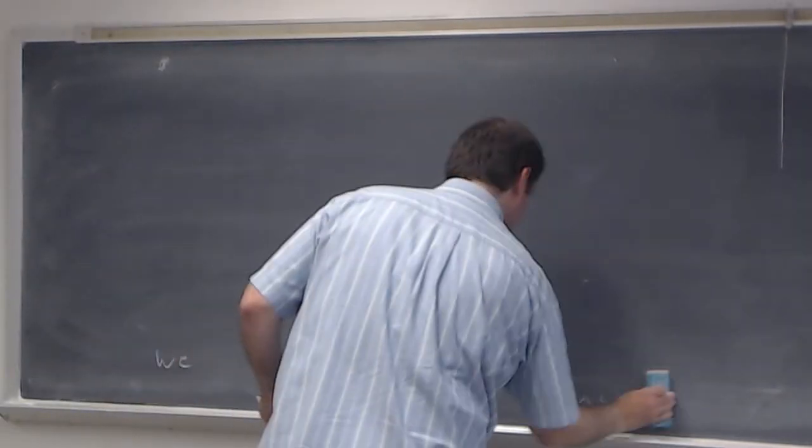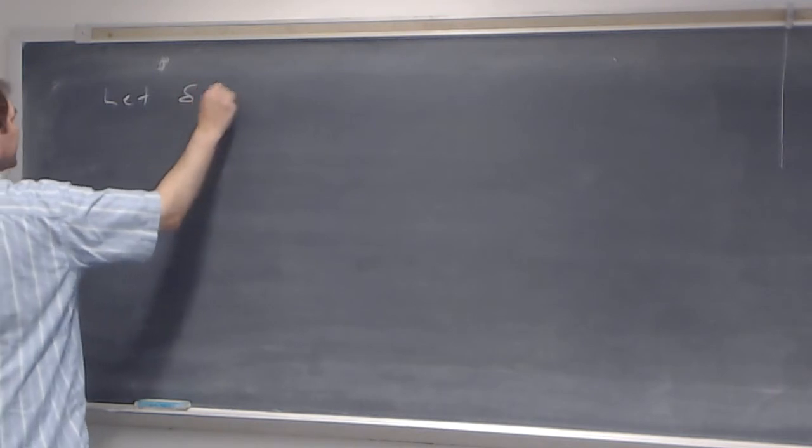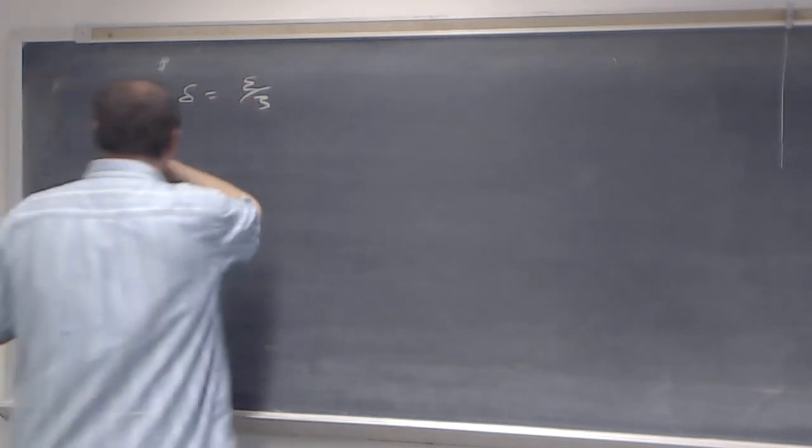Usually for me this is enough for proof that I've done right here, but I want to be very formal in this first case. We're going to let delta equal epsilon over 3.